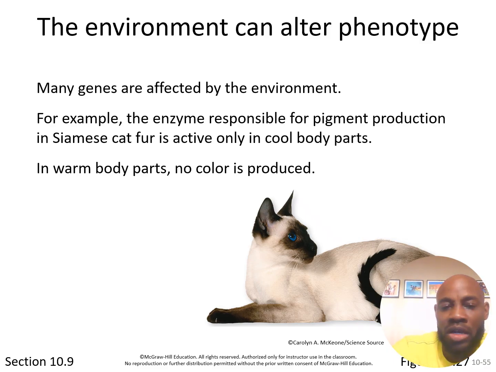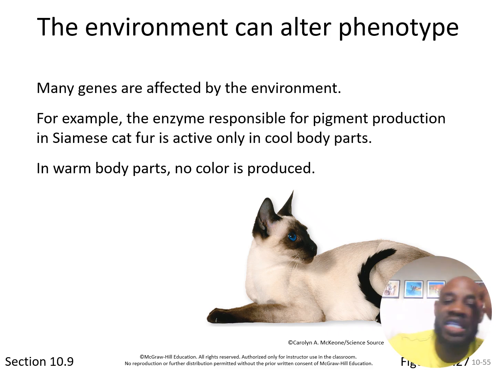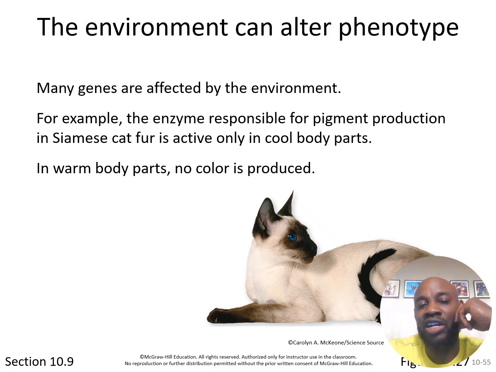For example, the enzyme responsible, remember we say the enzyme is basically a specialized protein. Remember, an enzyme is also a catalyst that helps speed up the reaction by reducing the activation energy without being consumed by the reaction.